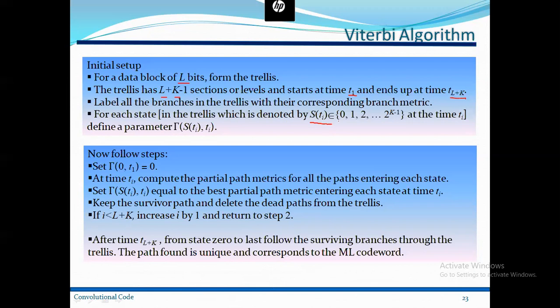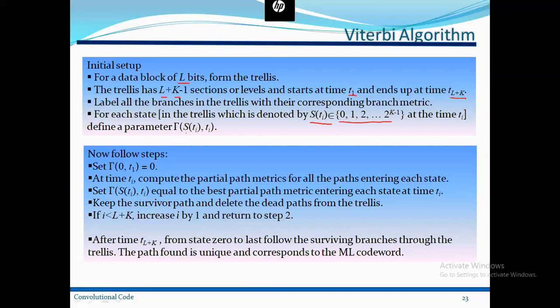So there are 2^(K-1) paths which will survive to these states, and these states are 4 and these paths are 4.